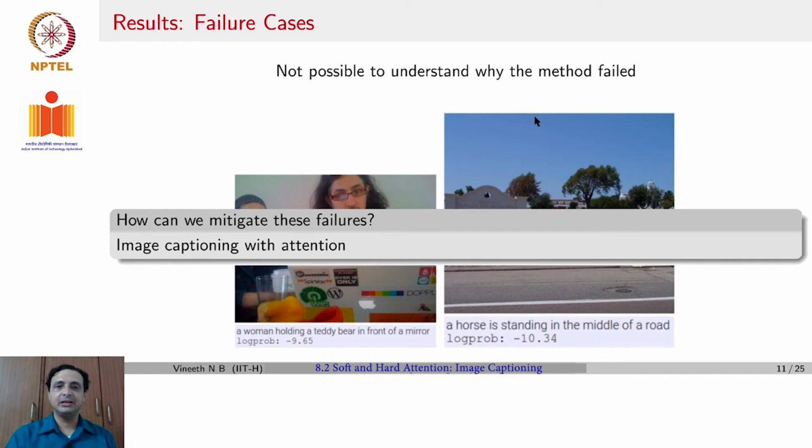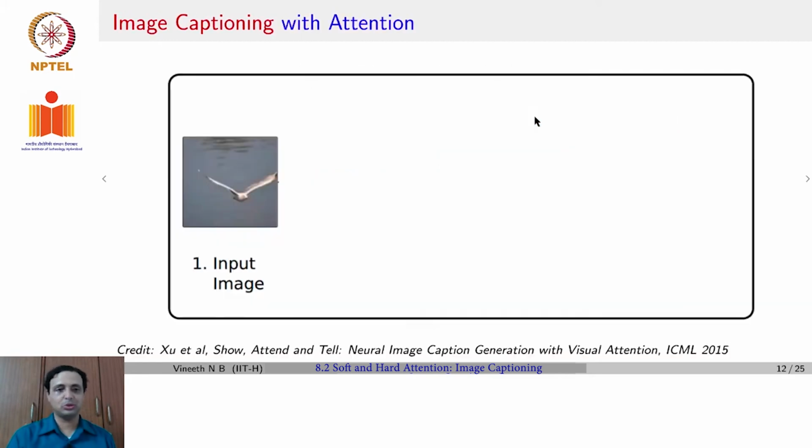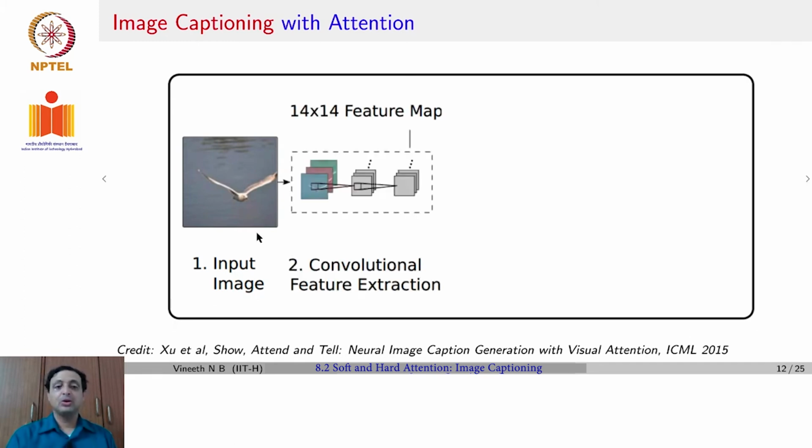Let's now try to see in more detail how attention could have been used to improve the performance with this kind of an approach. So this method is based on a paper known as Show, Attend and Tell, which was published in ICML of 2015, a very popular image captioning approach. In this approach, you have an input image, you extract a certain feature map.